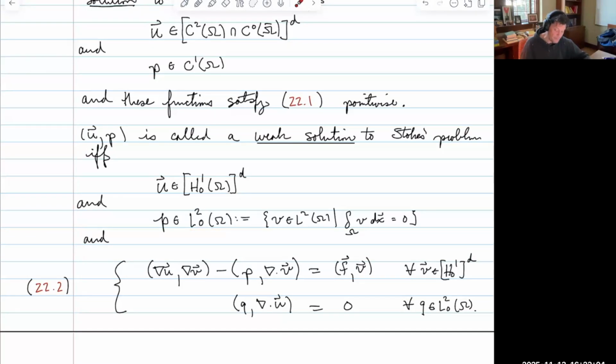In fact, we're going to take P to be in this space, L2 0, and this 0 means that it's the subspace of the L2 functions that has the property that the integral of v over the domain is equal to 0. We call these mean zero functions. Okay, so this is the L2 space of mean zero functions.